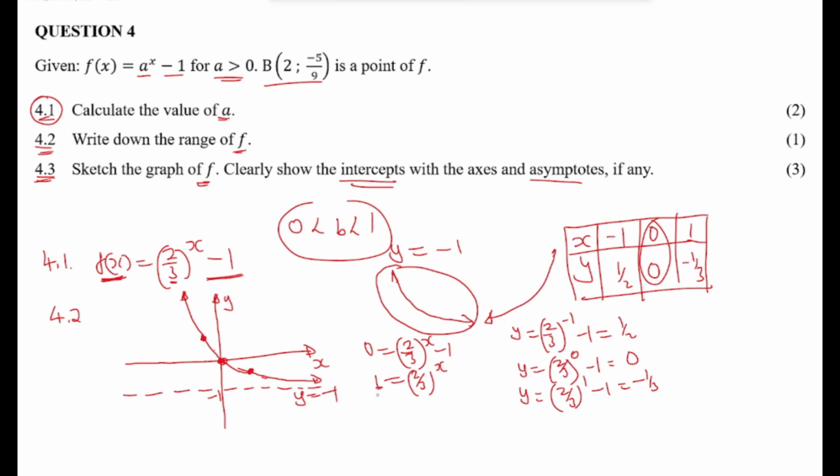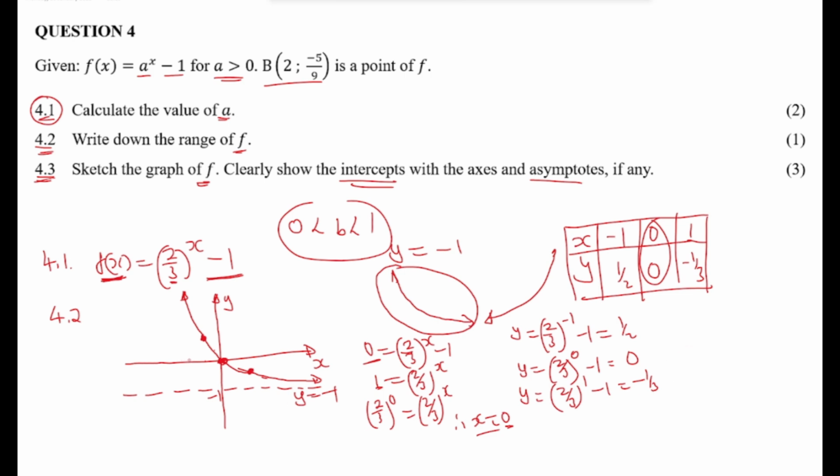Now 1 is any base raised to the power of 0. So 2 over 3 to the power 0 is equal to 2 over 3 to the power of x, meaning that x is equal to 0. So if y is 0, x is 0. That's the origin. And then just find any other point after that.